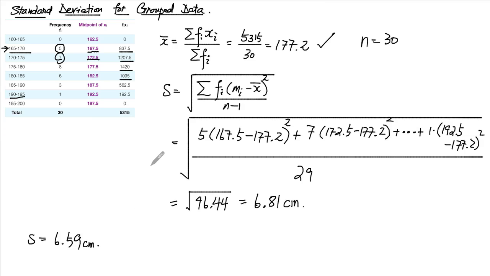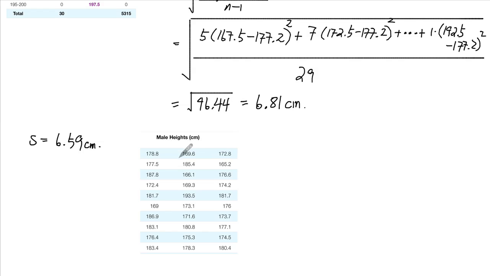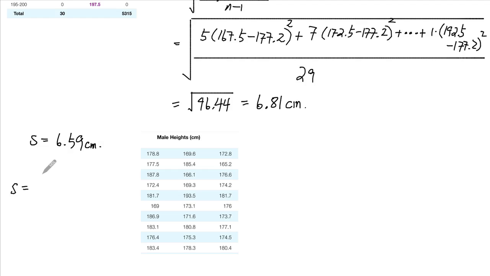Let's just go back and load that data. So there you have it. These were the original heights of the 30 males that we had sampled, and if I calculate the standard deviation using the first formula that we have seen, which is S equals the square root of the sum of how much all the heights deviate from the sample mean, squared, divided by n minus 1, that value ends up being 6.59.